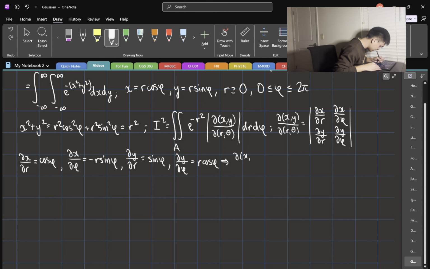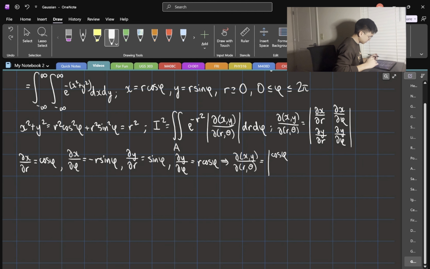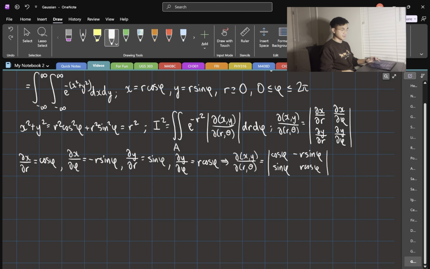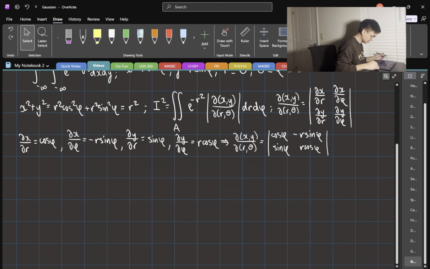our Jacobian determinant is thus, partial x, partial r, cosine of phi. Partial x, partial phi is minus r sine of phi. Partial y, partial r is sine of phi. And partial y, partial phi is r cosine of phi. If you take the determinant of a 2x2 matrix, you multiply these two together.